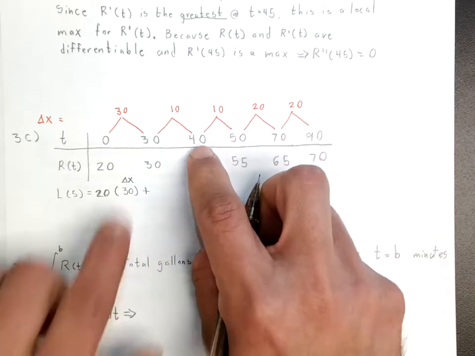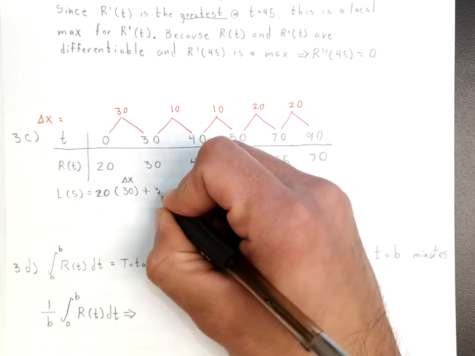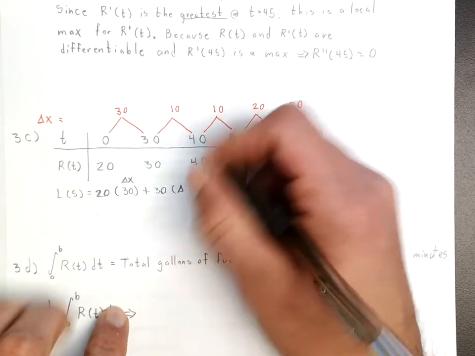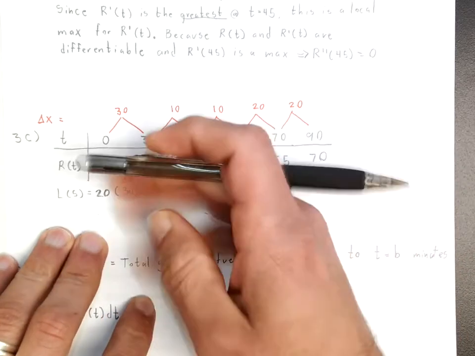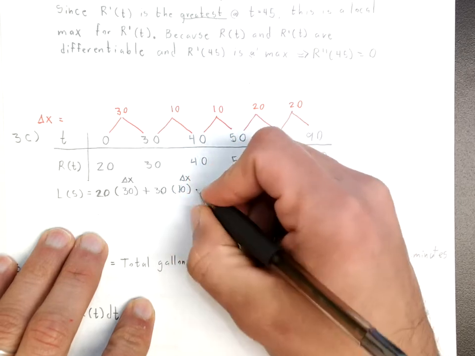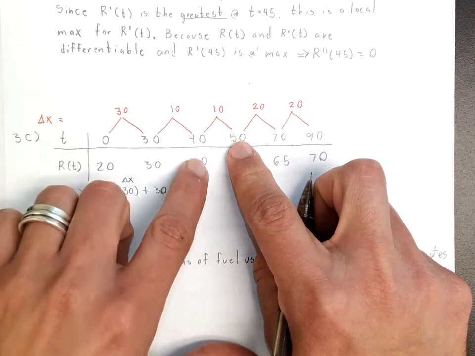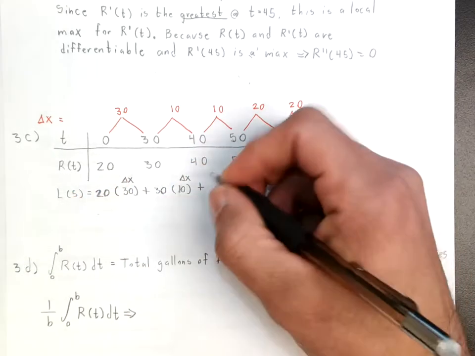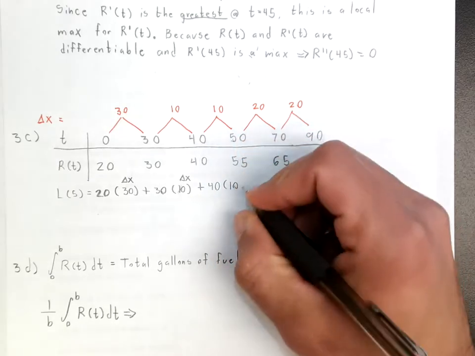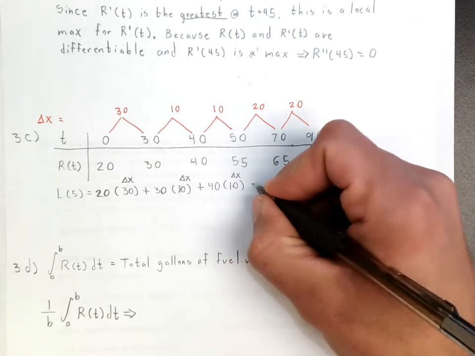Plus, between those 2 points, the left one is that one, which means 30 is my height, and my width is going to be 10. So again, this is the delta x. And between those 2 points, the left endpoint is that one, which means my height is 40 on this one. My delta x is going to be 10.